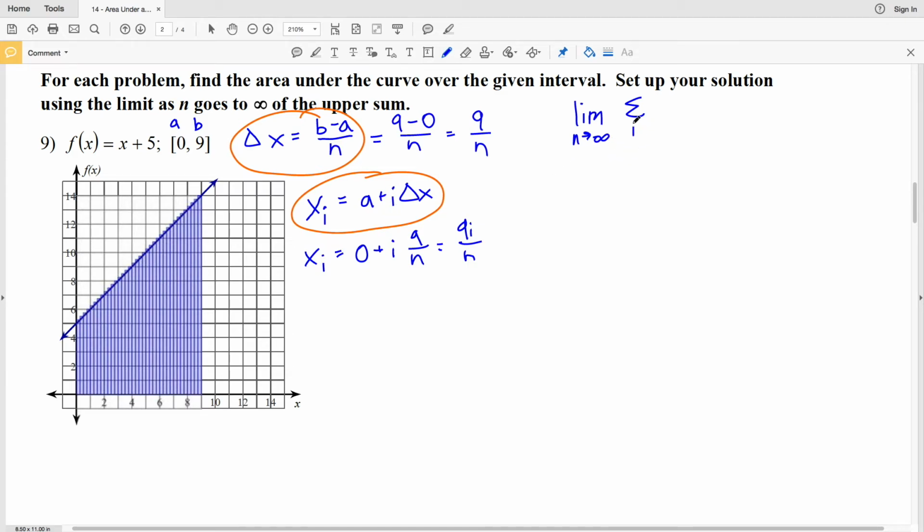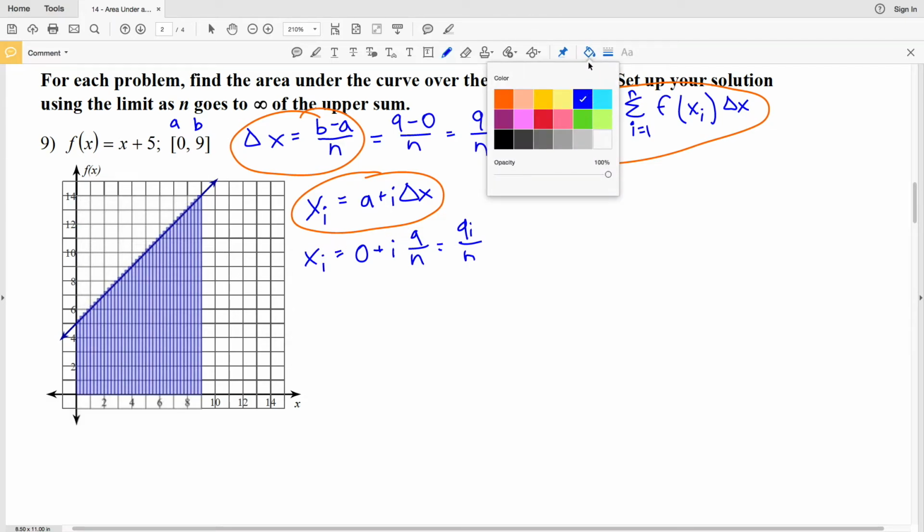So we're going to go from i equals 1 to n of the function f of x sub i times delta x. So when we plug 1 in for i, we're taking x sub i, where i is 1, so that's 9 over n. So using this formula, delta x and x sub i, we can solve for the area under this curve. So let's get started.